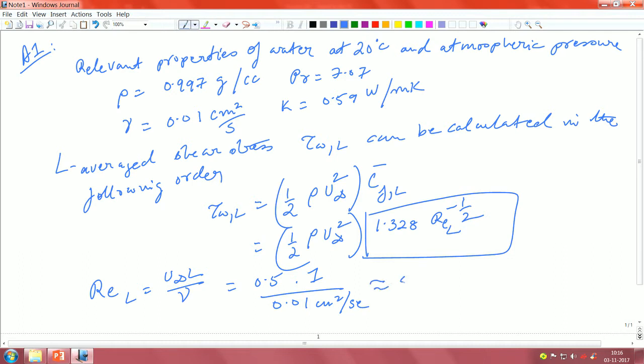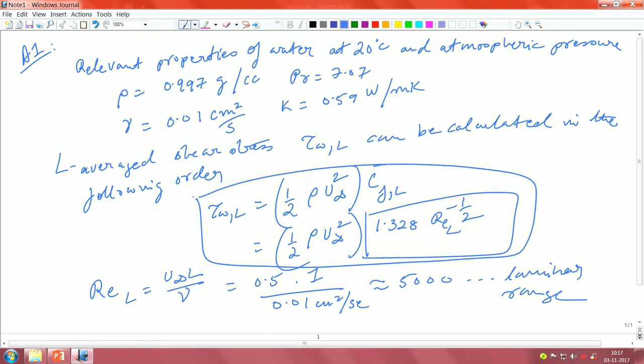So, this roughly translates to a Reynolds number of 5000, which is in the laminar range. For an external boundary layer, the transition to turbulence happens much later. Once we do the turbulence part of this course, we will know. But as of now, this is a very simple calculation where we find out the wall shear stress as well as the Reynolds number.